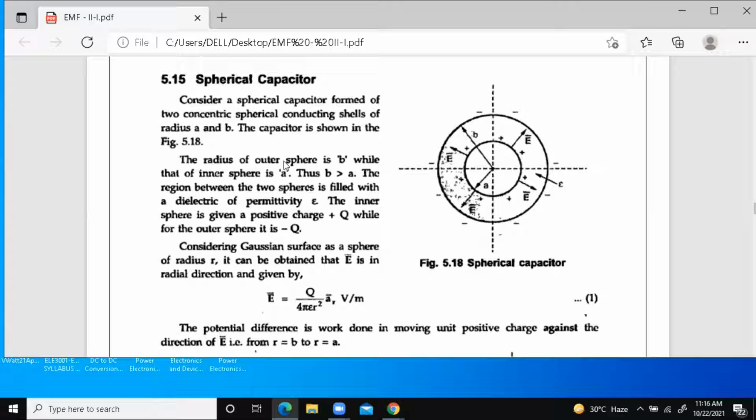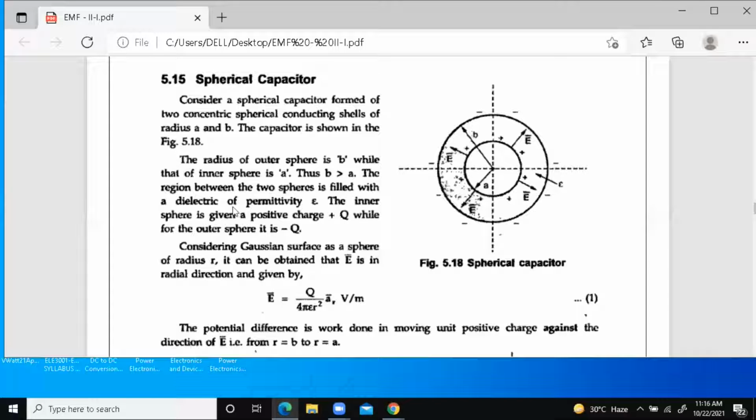The radius of the outer sphere is B, while that of the inner sphere is A. B is greater than A, which is obvious. The region between the two spheres is filled with a dielectric of permittivity epsilon.